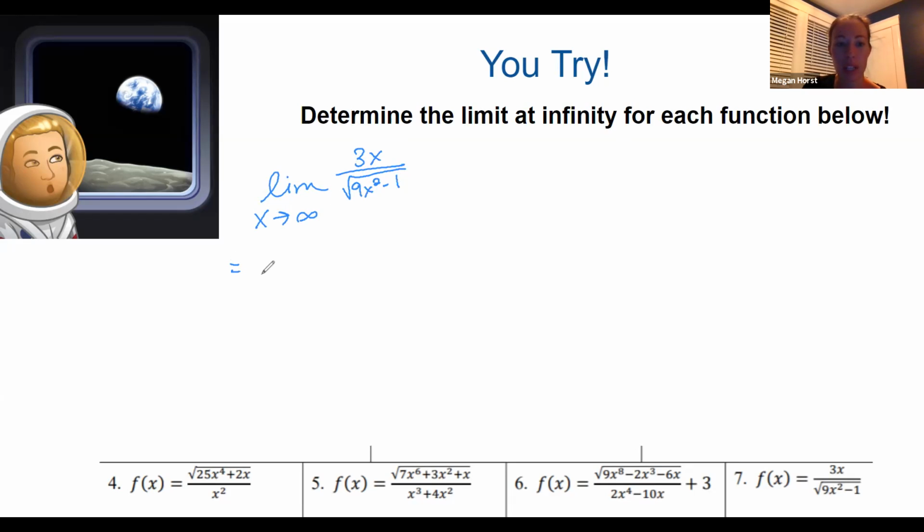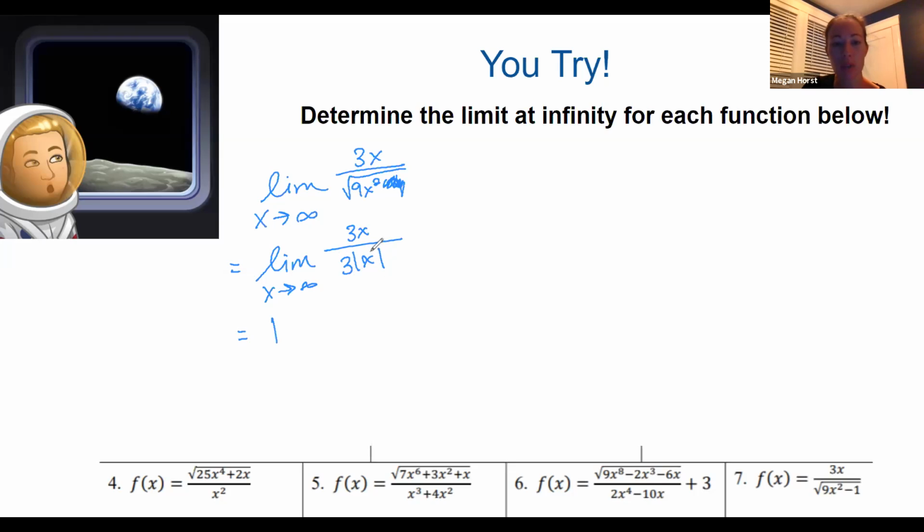You can't get rid of anything yet because it doesn't have a square root, right? So we're just going to keep it that way. In my denominator, I'm going to say that the 1 is negligible. It doesn't even matter. The square root of 9x squared is going to be 3 times the absolute value of x. And so these we're going to cancel out, because they're getting larger at the exact same rate. And so I'm left with 3 over 3, or 1.